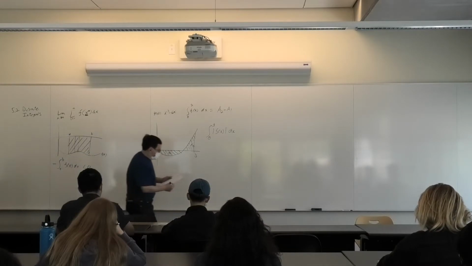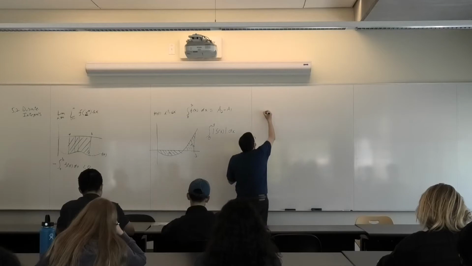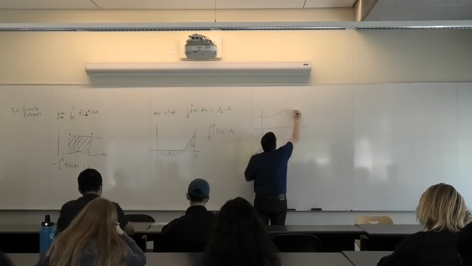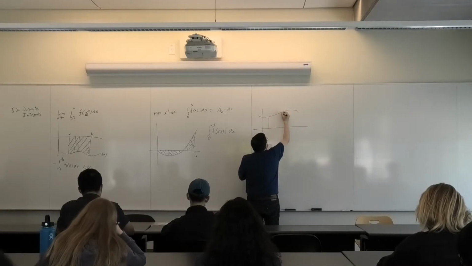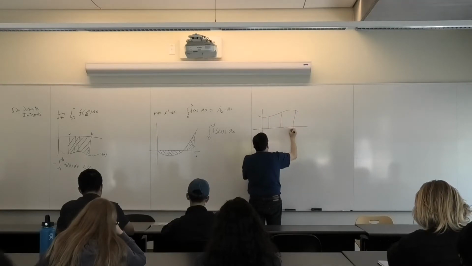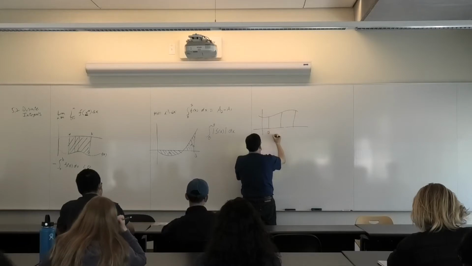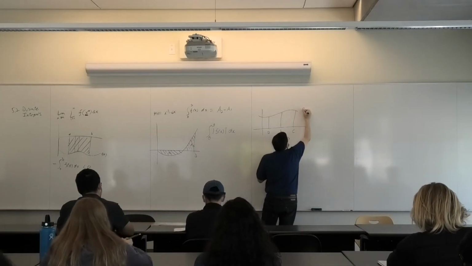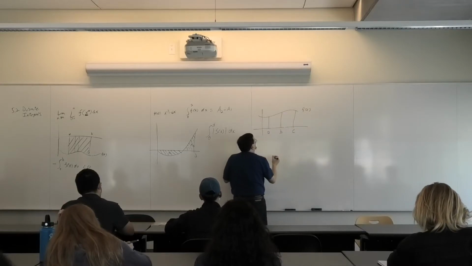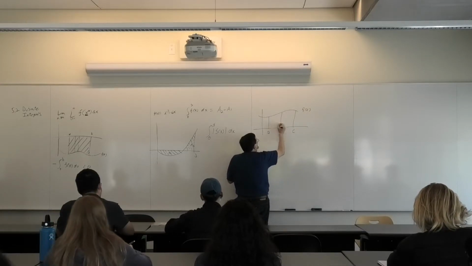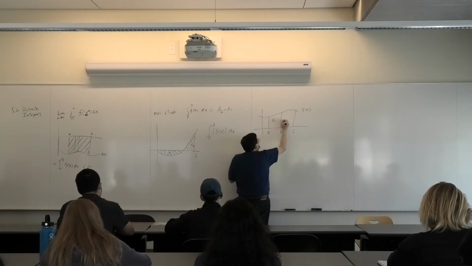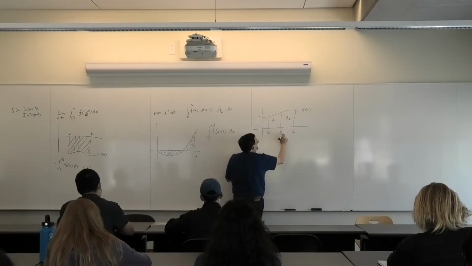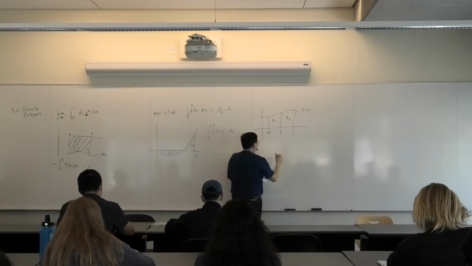All right, so let's take a look at one possible situation. Here we have some function, and we have 3 points, A, B, and C. And we'll call the area from A to B area 1, and the area from B to C area 2.